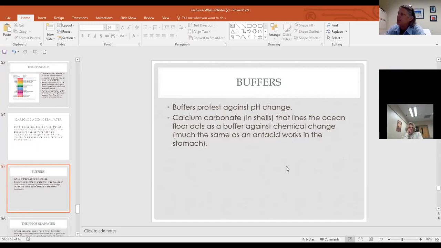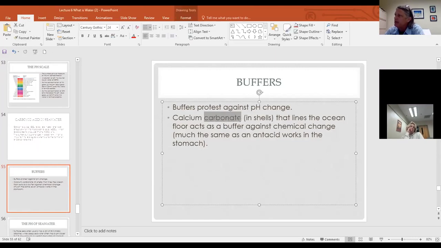And acids work the same way. They have a buffer. This carbonate reacts with hydrogen. So calcium carbonate is dissolved as Ca and CO3 ions. Sodium bicarbonate, we take that in solid form to help our tummies neutralize stomach acid if we get acid.